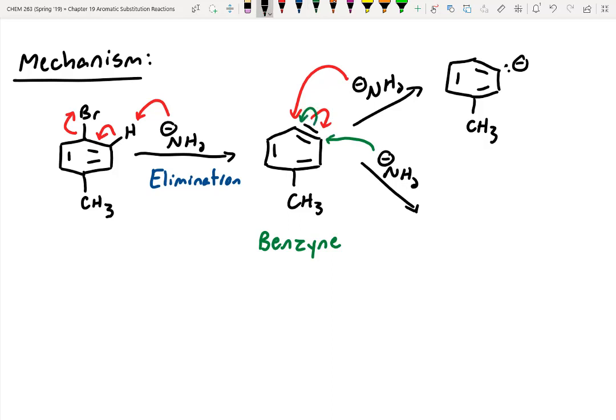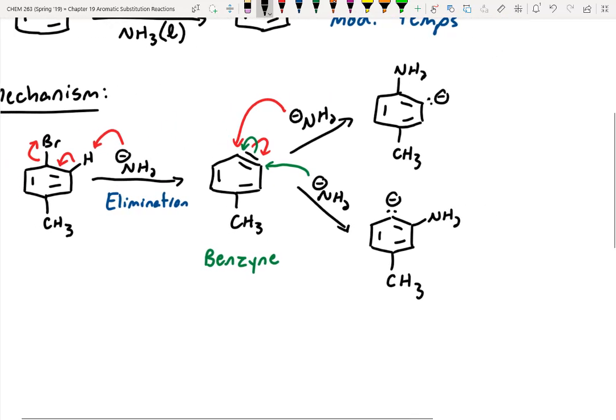So either pathway could occur. Whoops, forgot my NH2 group there. All right, so we're almost there. Very last step is we need to make sure we get our neutral product, and that's where the ammonia comes in.